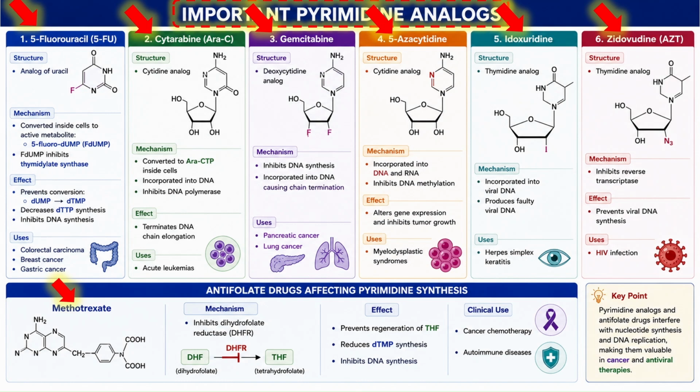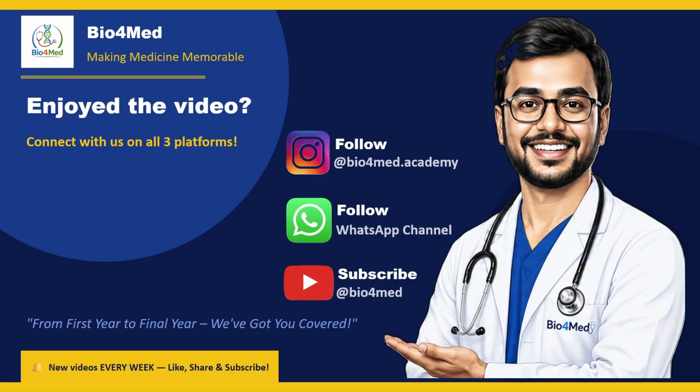Understanding these drugs helps in guiding modern cancer therapies and modern antiviral therapies. So this is in brief about the pyrimidine synthesis, both pathways, that is the de novo synthesis and the salvage synthesis. And then we discussed the regulation of the pyrimidine synthesis and synthesis of the dTMPs, deoxynucleotides, and regulation of deoxynucleotides, and finally pyrimidine analogs.